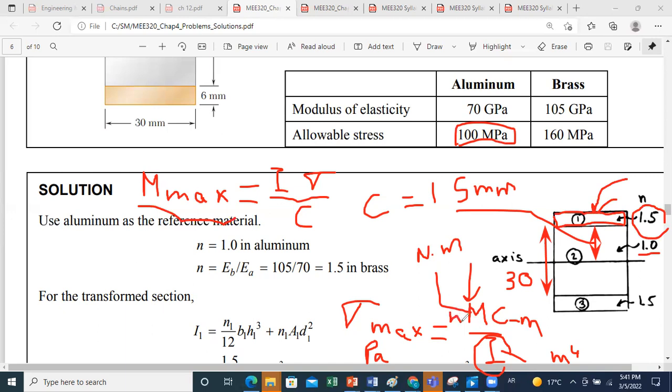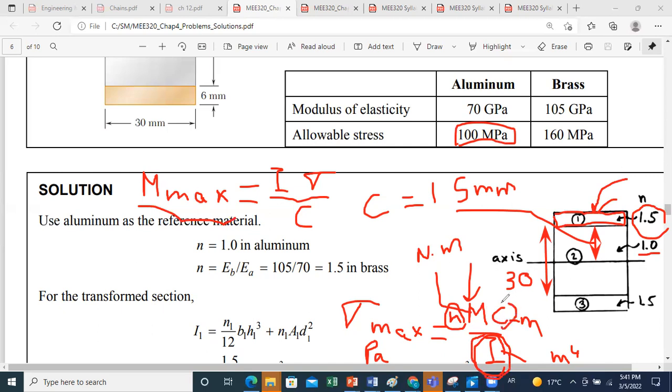To be on the safe side, you can always say it's n times Mc over I. For aluminum, n is 1. For brass, n is 1.5. The value of I is the same because you have the inertia of the modified section about the neutral axis.